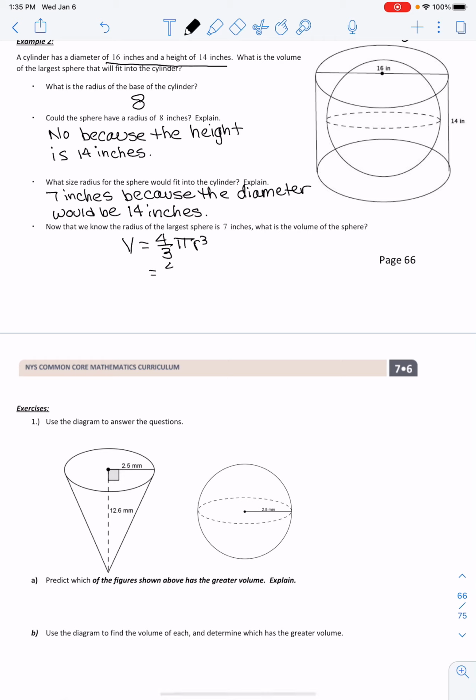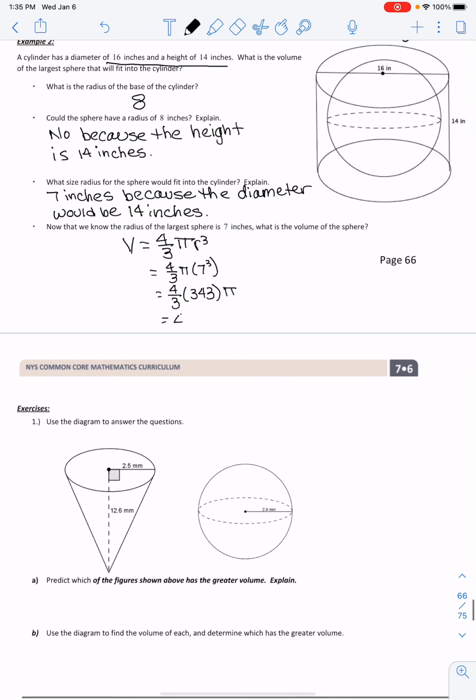Substituting in, 4/3 pi 7 to the 3rd power, or cubed. 7 cubed is 343. Then when I multiply this together, I get 457 1/3 pi inches cubed.